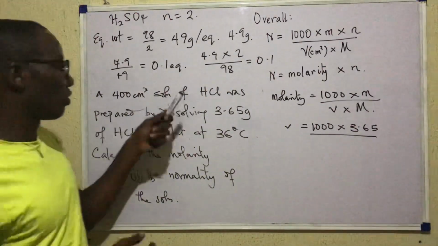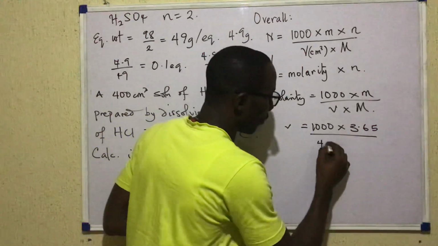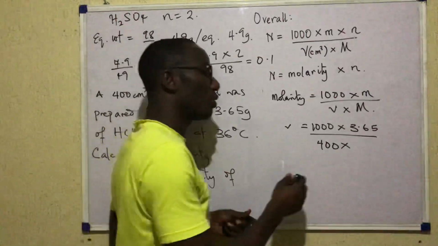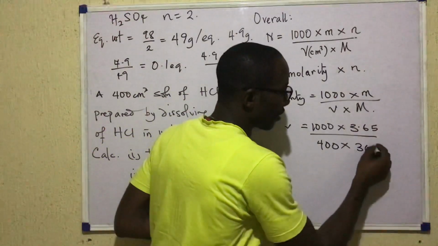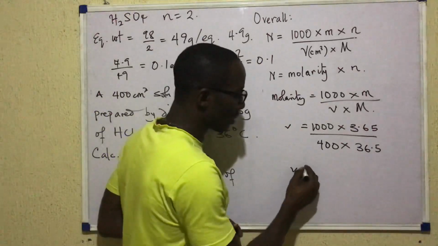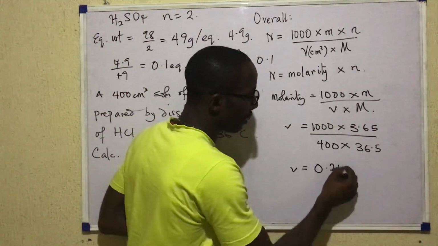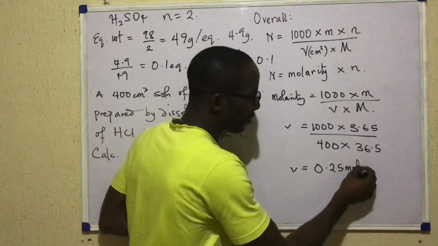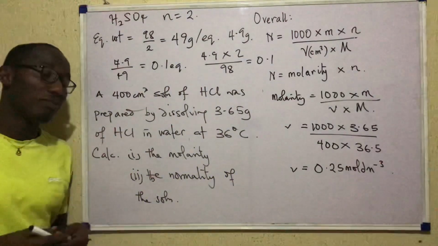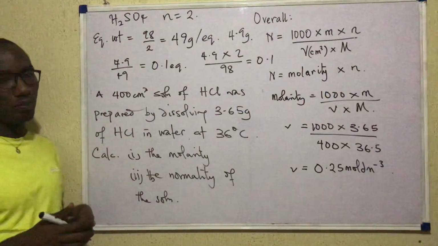The volume of the solution is 400, so I'll put 400 here, and then for the molar mass of HCl, we know it to be 36.5. So working this out gives us molarity at 0.25 moles per dm³. So the molarity is 0.25 moles per dm³.